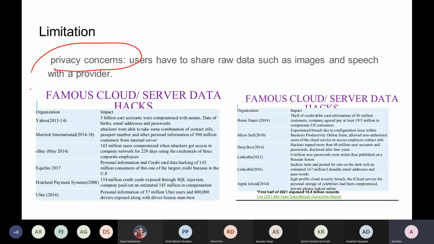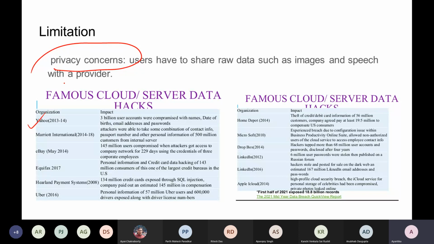I'm not going through this slide totally, but you can see the names here: Yahoo, eBay, Dropbox, Microsoft, Apple, whatever clouds at present you use, sooner or later, they have all gone through some kind of data leakages.